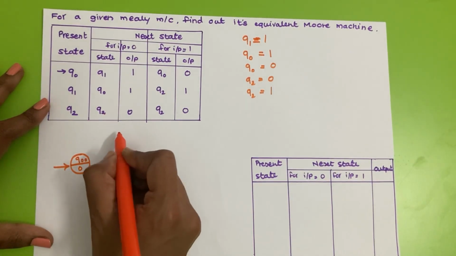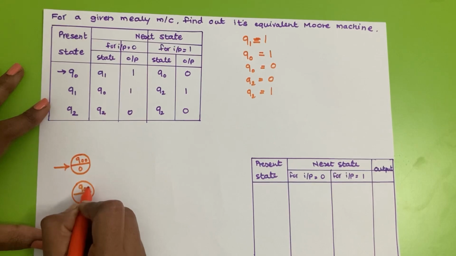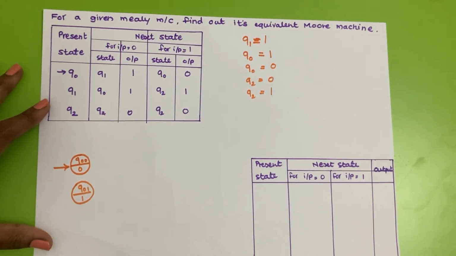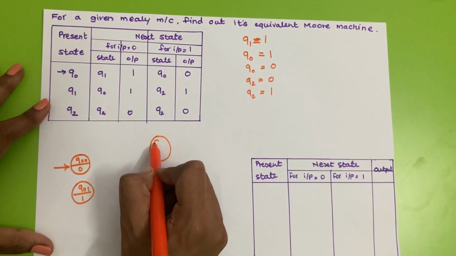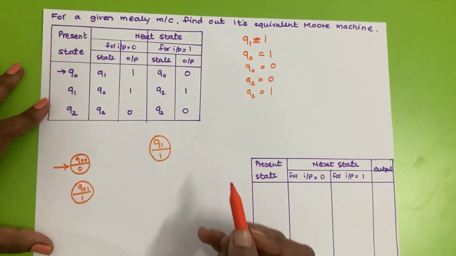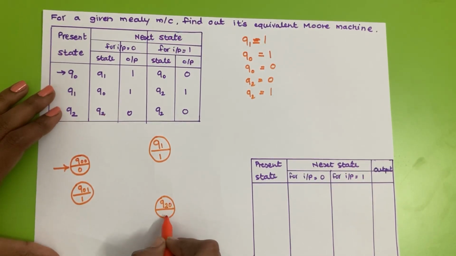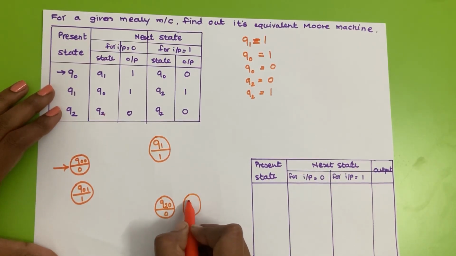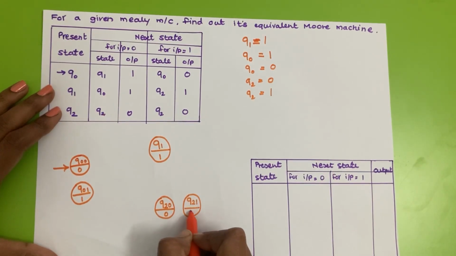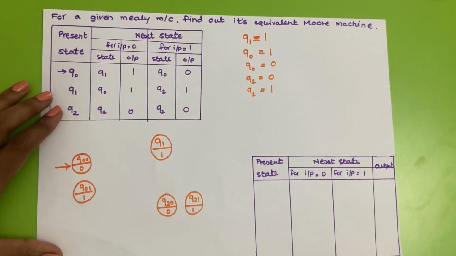Next state we have to consider is q01, which will output 1. Next state q1 is a single state with output symbol 1, and again we have two different states for q2: q20, which will output 0, and q21, which will output 1. Now we will start to draw transitions one by one.